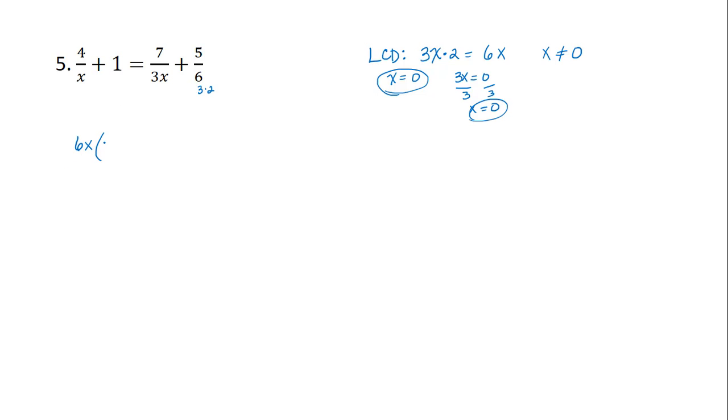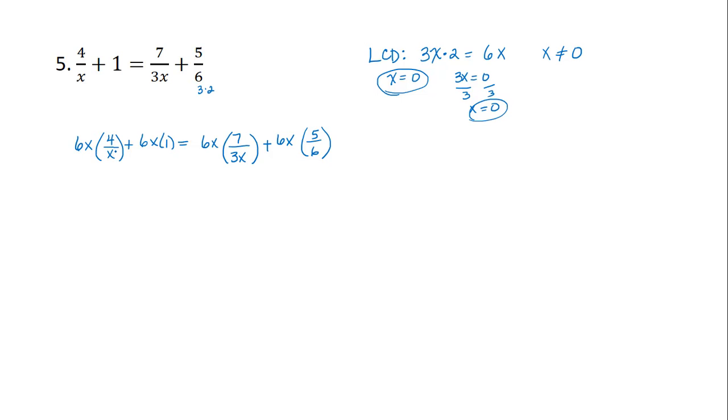So we have 6x times 4 over x plus 6x times 1 is equal to 6x times 7 divided by 3x plus 6x times 5 divided by 6.